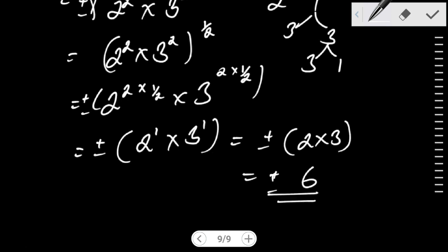Now let's try one more example. Now let's try the square root of 64.